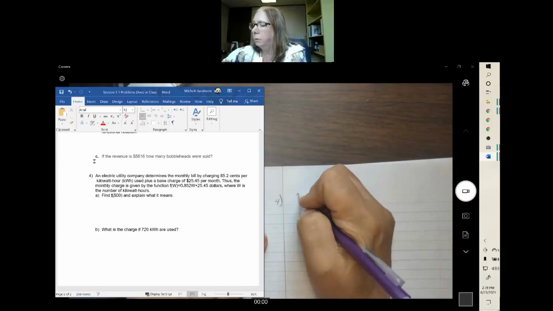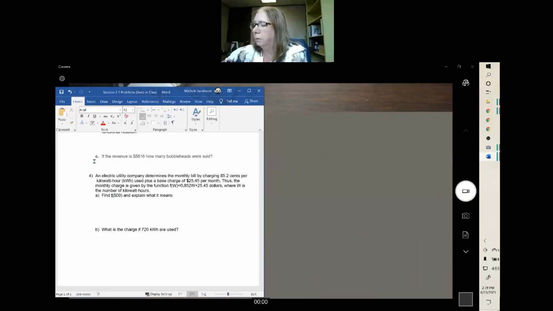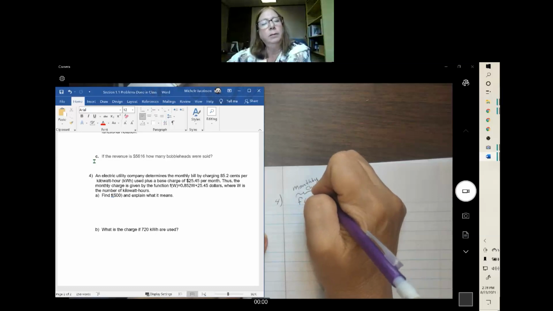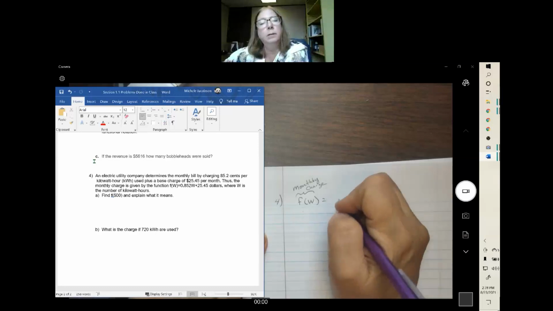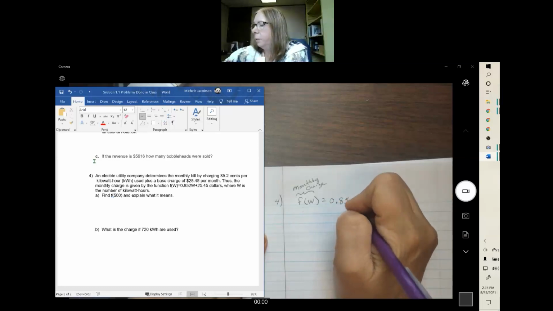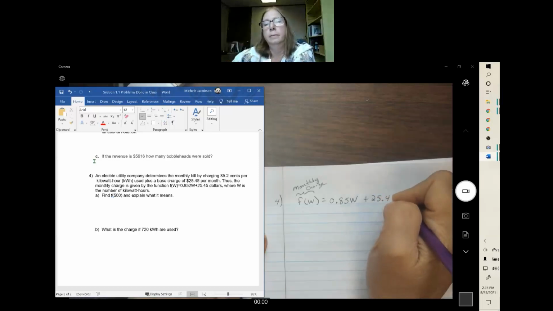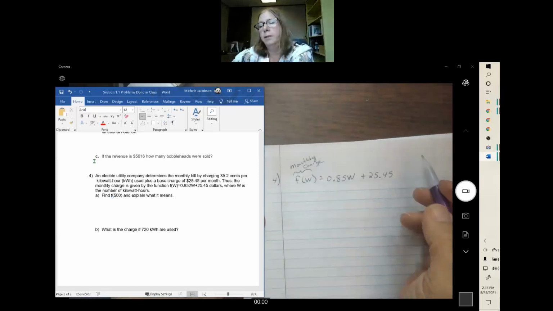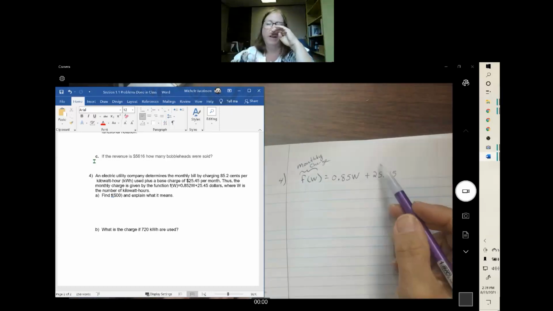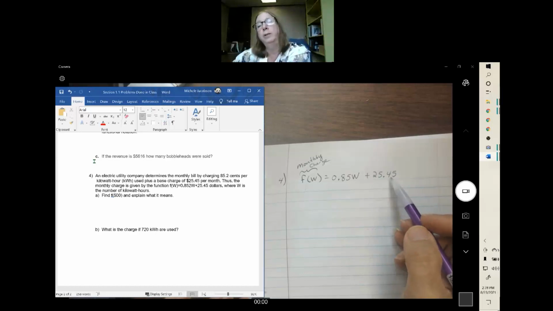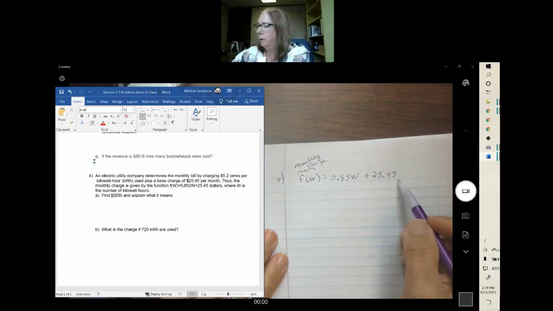So that means the function is the monthly charge, and that is equal to 0.85 W plus 25.45. Notice this was the fixed cost because it said a base charge. So no matter how many kilowatt hours you use, you're paying $25.45 to start with.